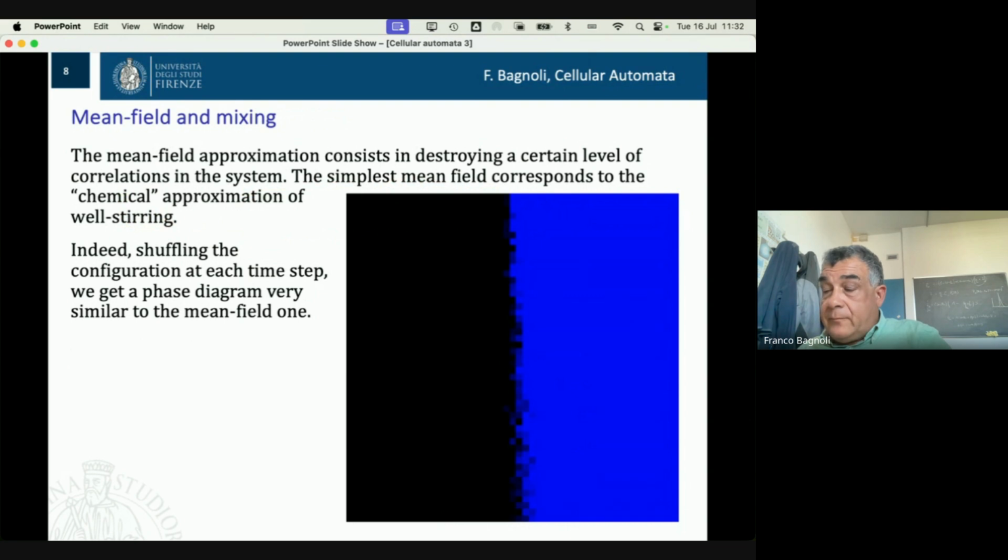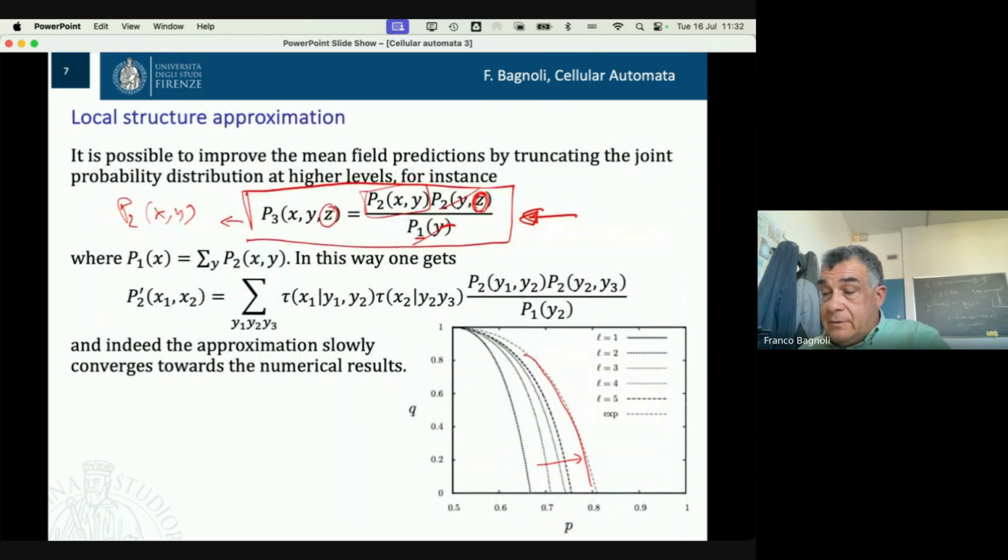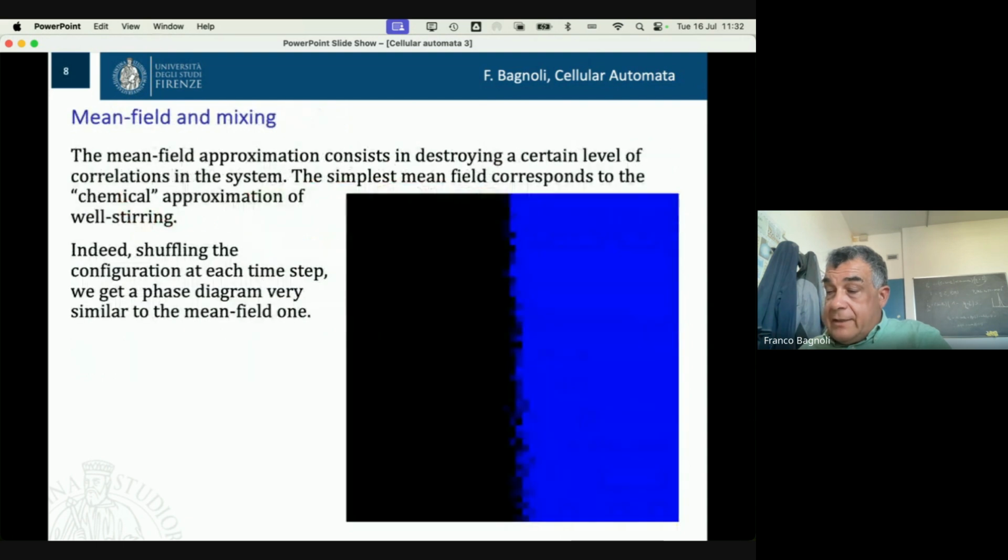And we can also check this using our NetLogo.